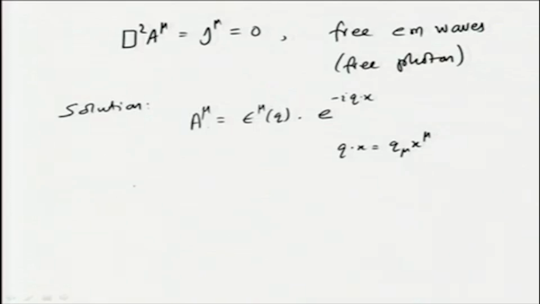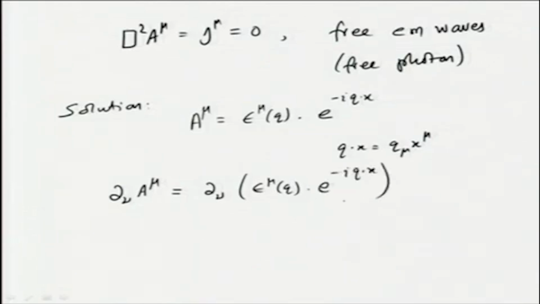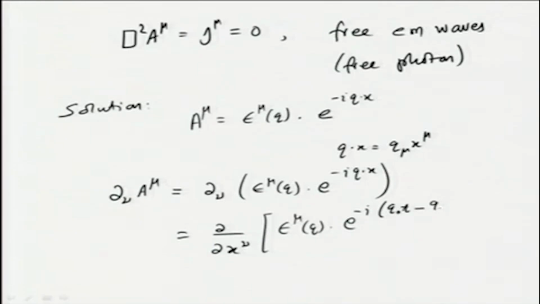So, let me act on it by dou nu. dou nu A mu is equal to dou nu acting on epsilon mu q e power minus I q dot x, which is equal to dou by dou x nu acting on the same thing, epsilon mu q e power minus I (q 0 t minus q 1 x minus q 2 y minus q 3 z).